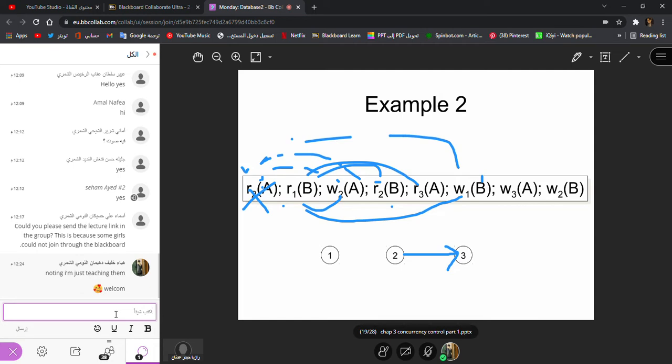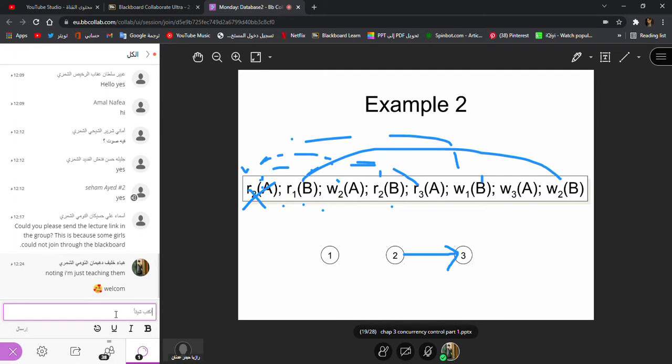From now onward, I will only draw the conflicting ones. So this one is a conflict. Why? Because transaction 1 is reading on B and transaction 2 is writing on B. So this is a conflicting pair.